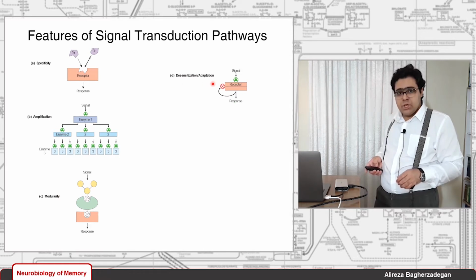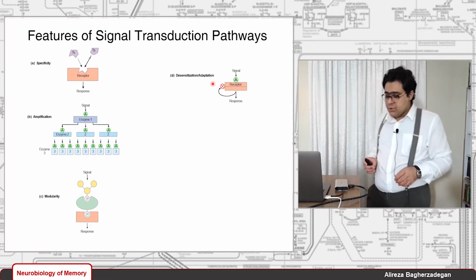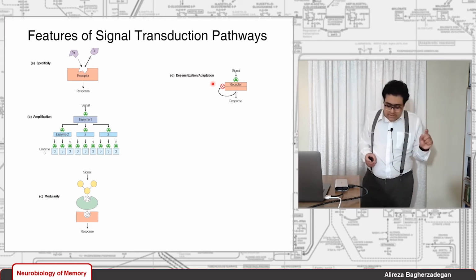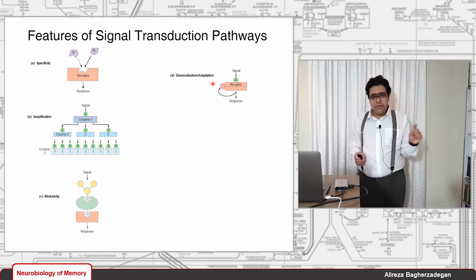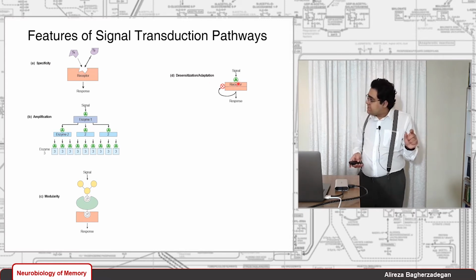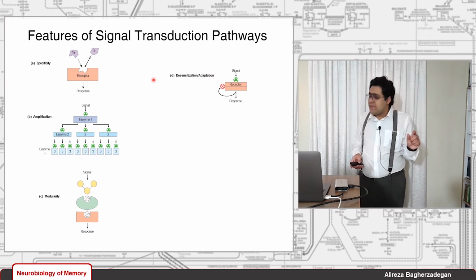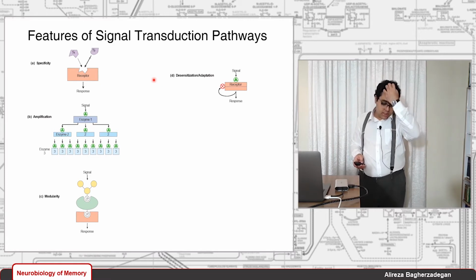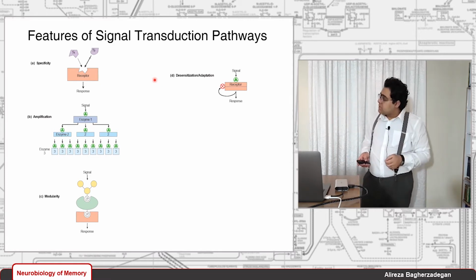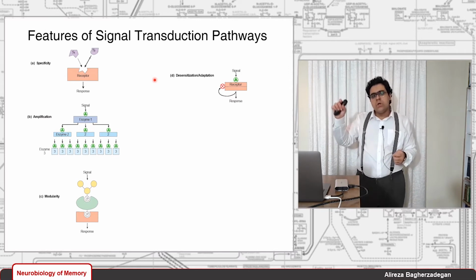Desensitization or adaptation of a receptor is also another feature. When the signal is present in the environment for a long time, the receptor is going to be desensitized, it's going to adapt itself to it, since we don't want a signal to be always present, okay?